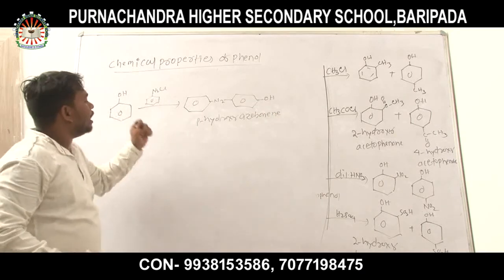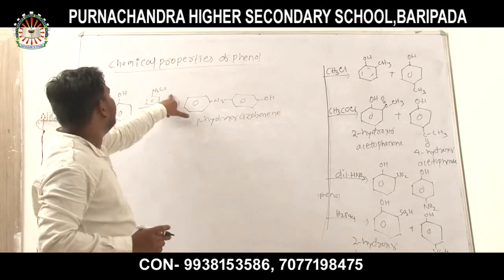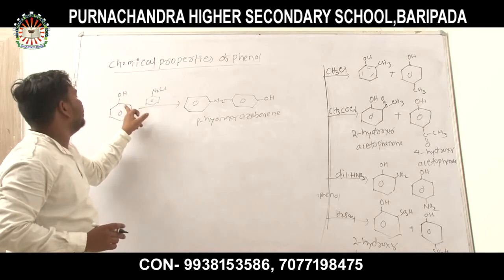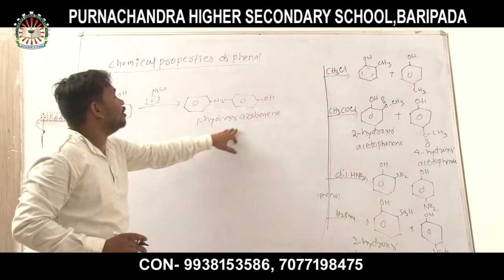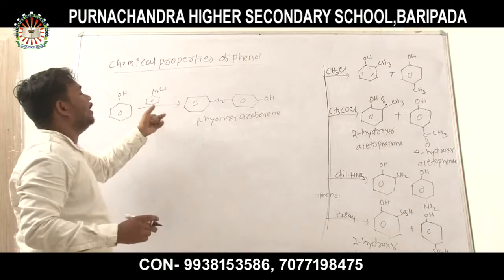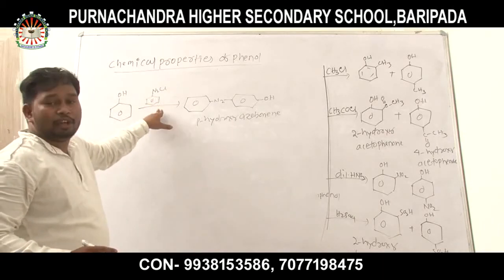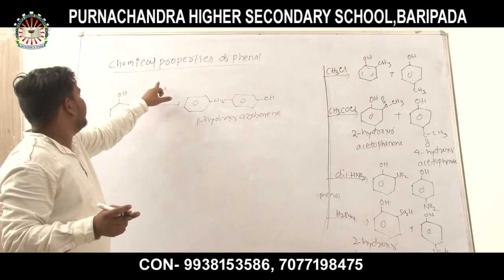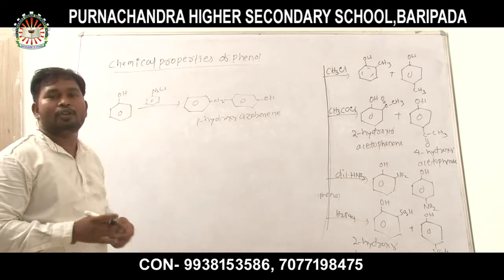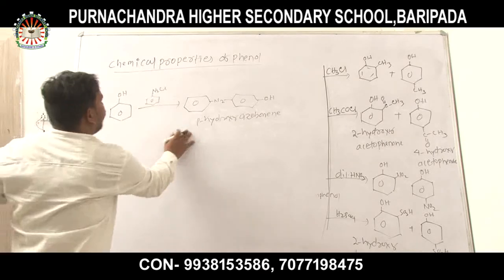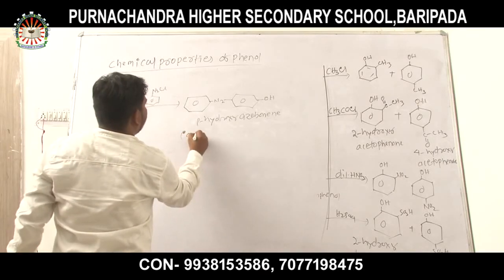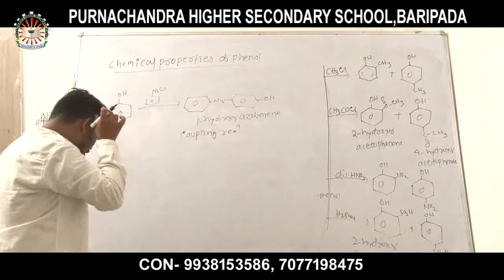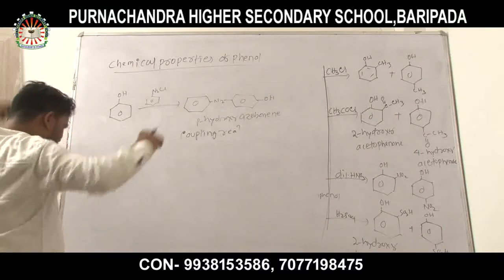It is also another property of BDC seen in the chemical properties of phenol. In the chapter on benzene diazonium chloride, it is also one property of BDC. When BDC is treated with phenol, then para-hydroxyazobenzene is formed. It is also called a coupling reaction.